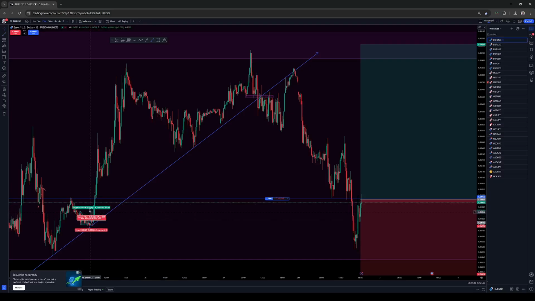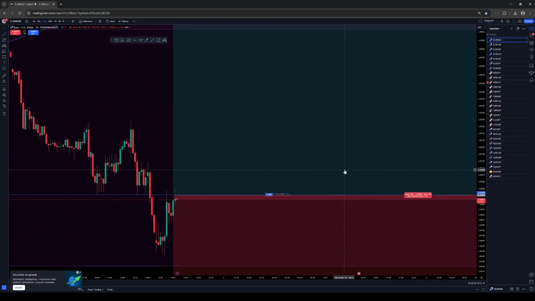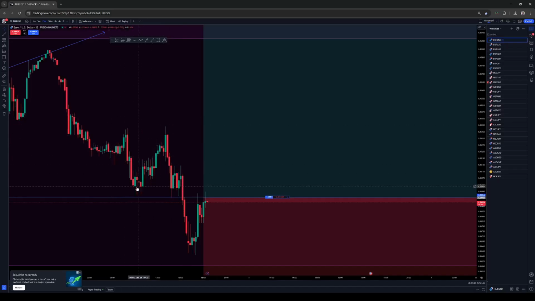Oops, what did I place? Yeah, I know we were actually on this lower time frame. We're at a support level, which might become a resistance, but it doesn't matter really. We were just trying to find out what we can find and if this will definitely work.